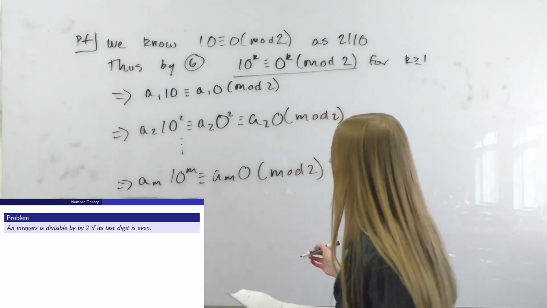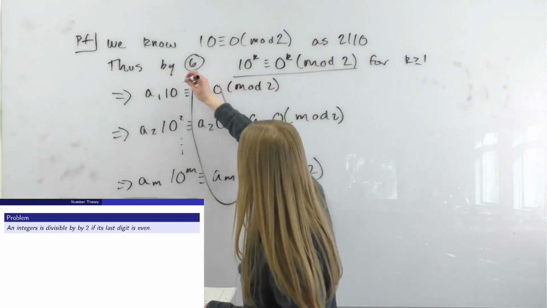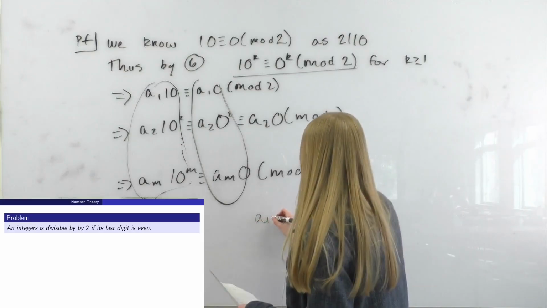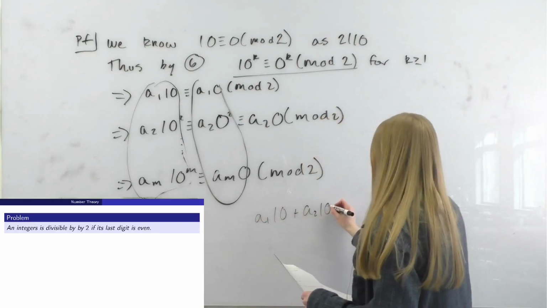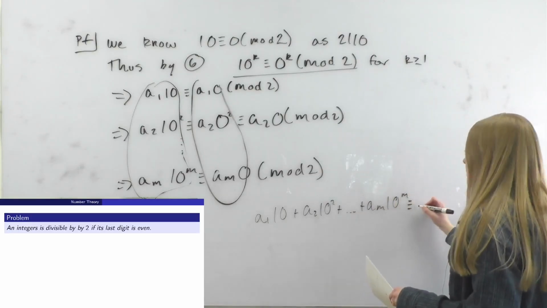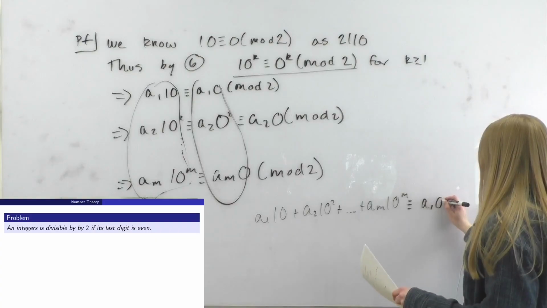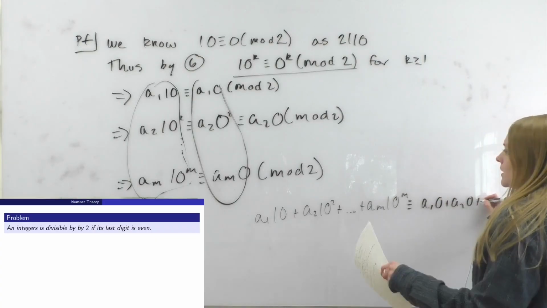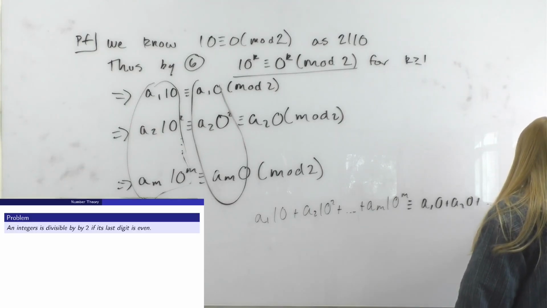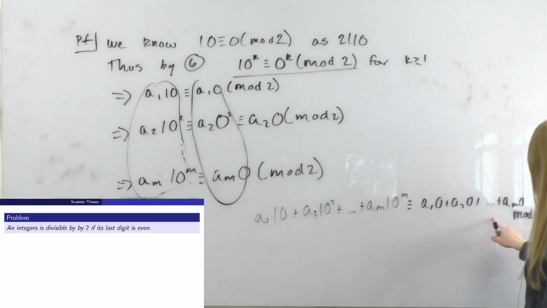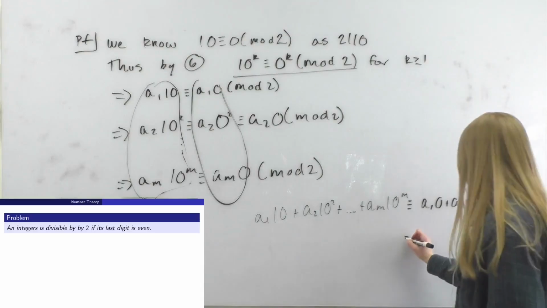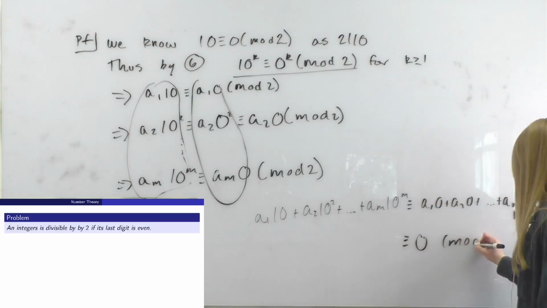Then we can add up all of these things to get a_1 10 plus a_2 10 squared plus dot dot dot plus a_m 10 to the m is congruent to a_1 times 0 plus a_2 times 0 plus dot dot dot plus a_m times 0 mod 2. This is 0, so we have 0 mod 2.